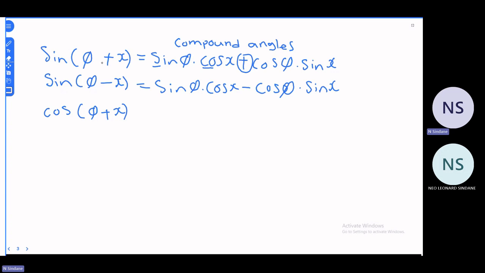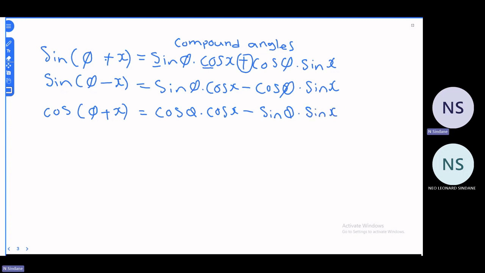If it's positive here, it will also be positive here. If it's negative here, it will also be negative here. But with cos, it changes. So this will be cos of theta multiplied by cos of x minus sine of theta multiplied by sine of x.